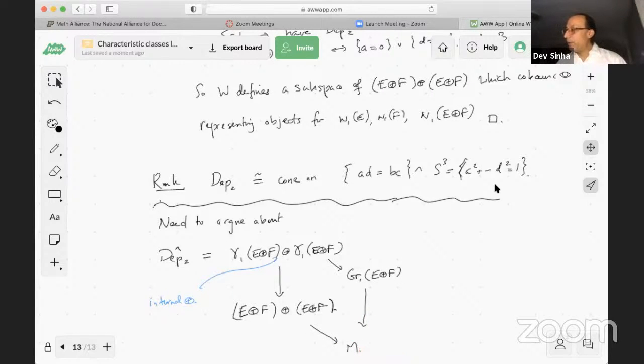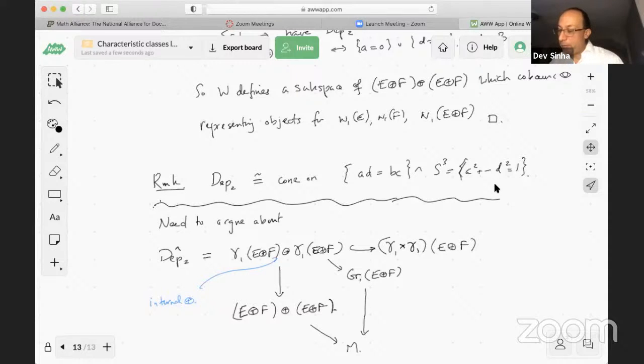What I'm going to do is really think of this as inside something that I'm going to call gamma 1 cross gamma 1 of E plus F, which is not quite an external direct sum, because that would just be 2 lines in E and F. You know, external would be 2 lines in E and F over M cross M. So really what I want is 2 lines in E and F in the same fiber.